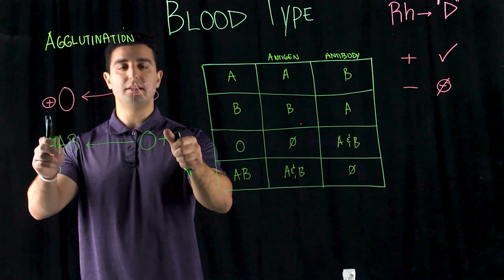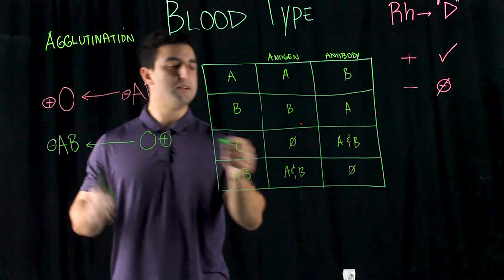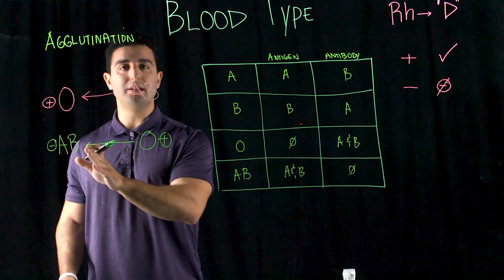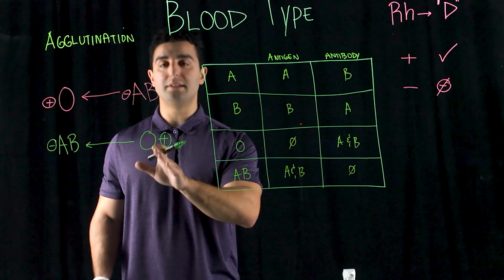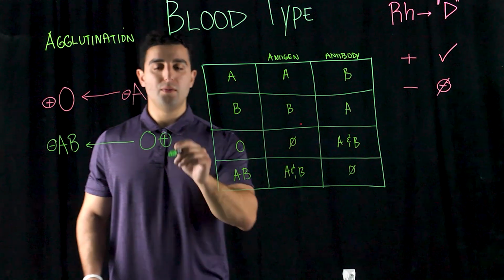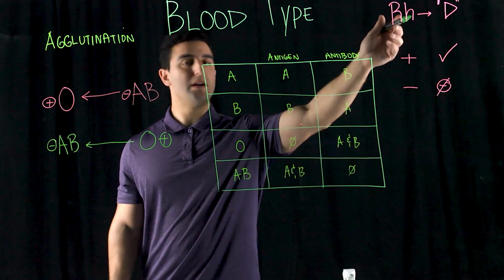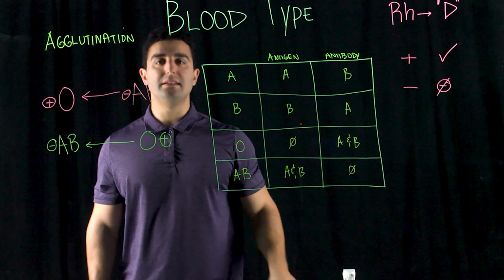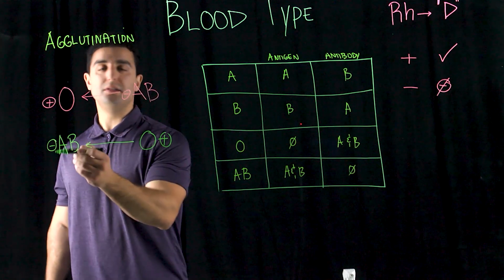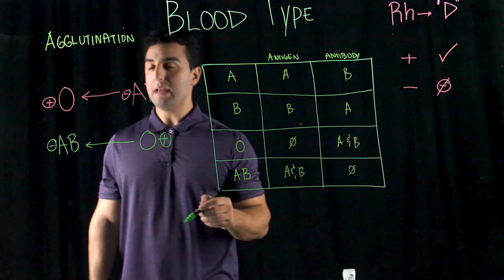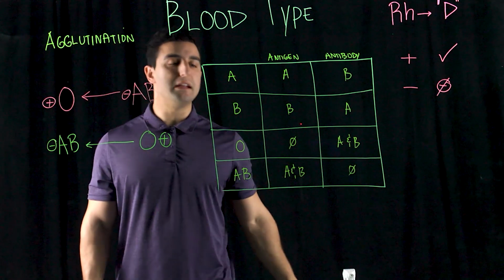If there were no signs here, this would work perfectly, because there are no antibodies present in the AB that are directed against the antigens in the blood type O. However, what you notice here is you see a positive and a negative. The positive is indicating the Rh factor, whereas the negative is indicating no Rh factor. So if the O positive were to give blood to the AB negative, this would cause another immunogenic response. And this process would lead to agglutination, right?